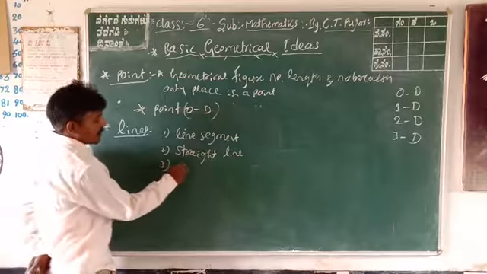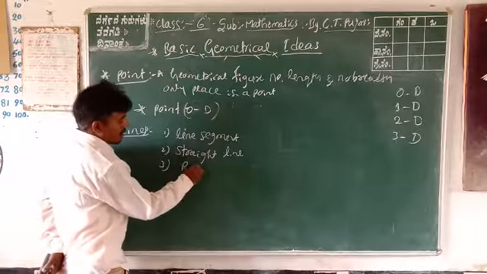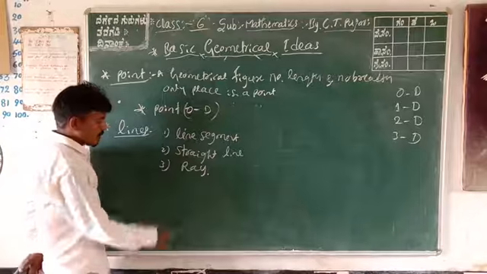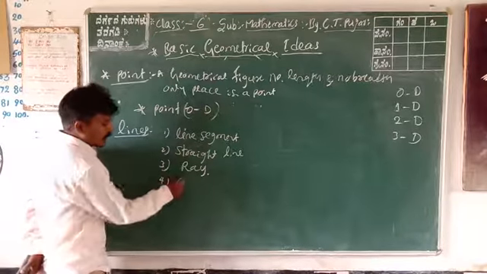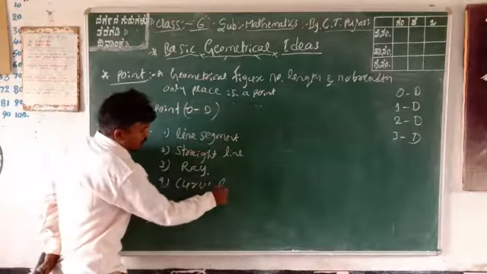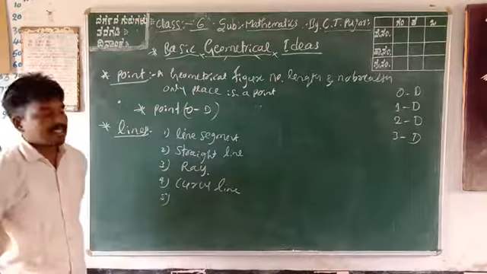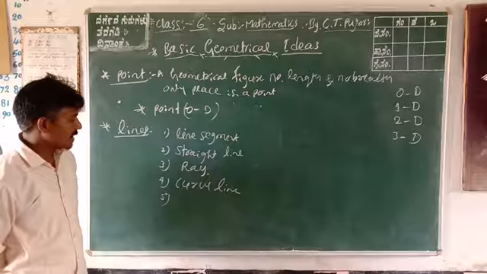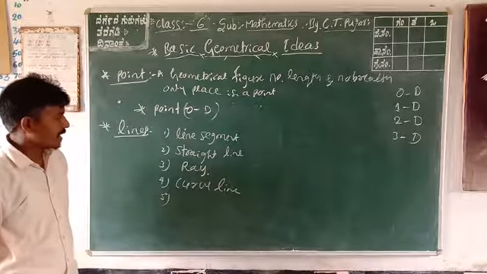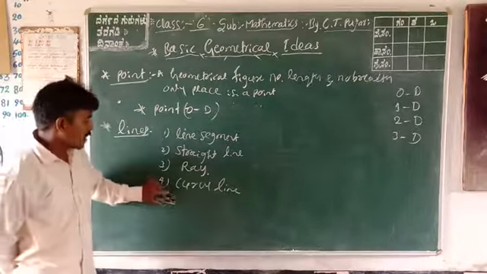Next is the ray. The next one is the curve line. So the lines are: line segment, straight line, ray, and curve line.